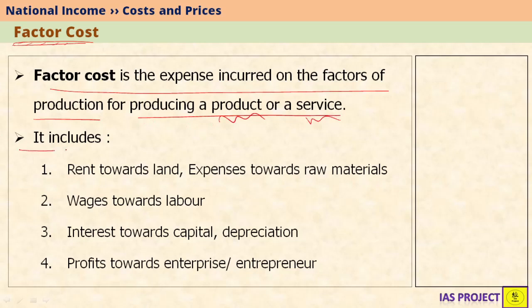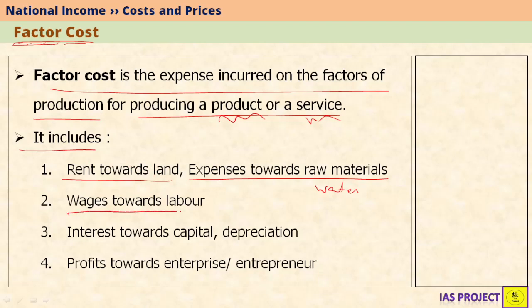So factor cost includes rent towards land and expenses towards raw materials. We know that raw materials also are considered as a part of land. For example, water, minerals and metals, etc. are considered a part of land as long as we talk about factors of production. So expense towards raw materials as well as rent towards land or building is considered a part of factor cost.